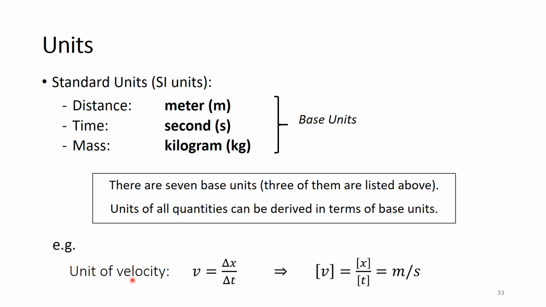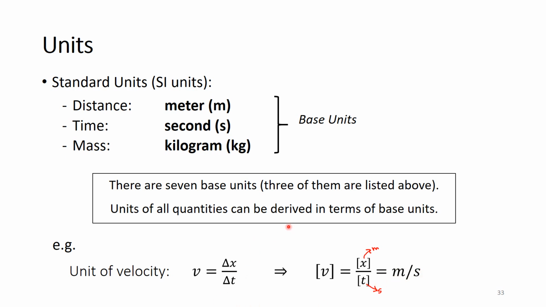For example, if you want to find the unit of velocity, you look at the equation for velocity. You are dividing delta x over delta t. The unit of delta x is meters, and the unit of delta t is seconds. Here, let's write this down. So when you're dividing meters by seconds, you get meters per second. So that's the unit of velocity.